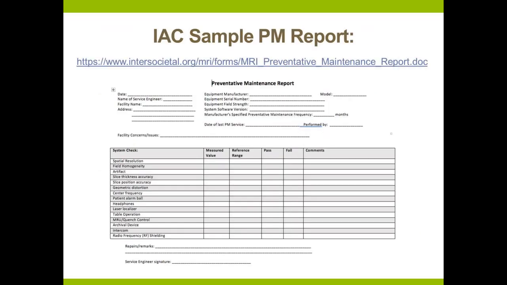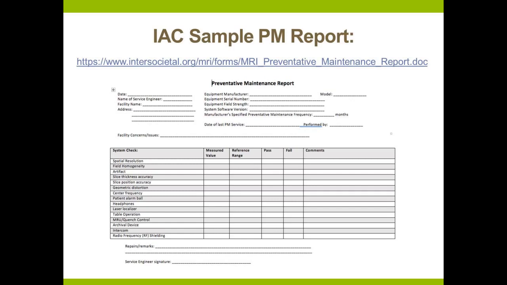If you will visit the link that's shown at the top of this slide, you will find that the IAC has provided an expertly designed and beautifully laid out preventative maintenance report sample. And if I sound biased, it's because I was involved in the design of this thing. So my unbiased opinion is that it's fantastic.